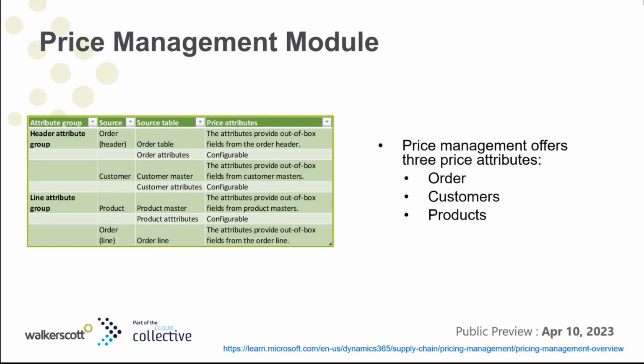The order attribute and the customer attribute are configurable and can be set up in the product information management module. In the line attributes section, you can see the product master and the order line tables provide out-of-the-box fields, for example, item ID in the product table and the mode of delivery in the order line table. Similarly, product attributes can be tailored to a specific need and can be established through the product categories.